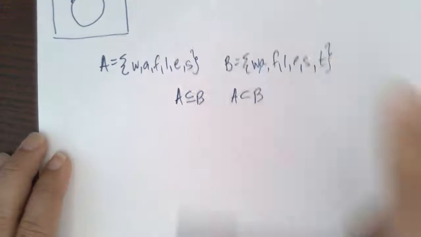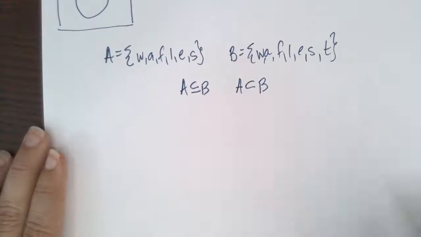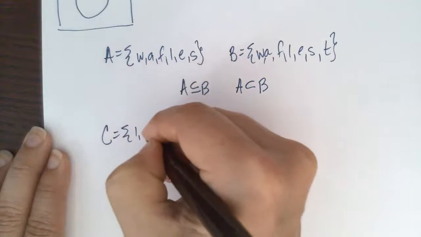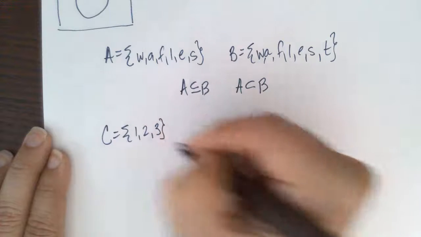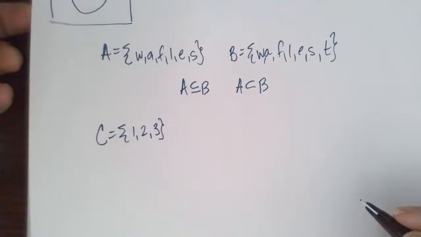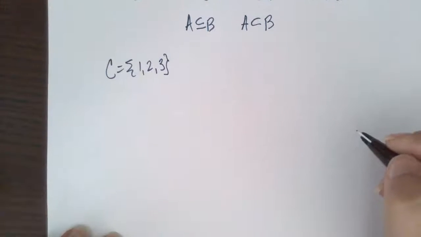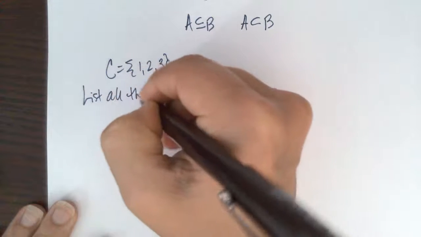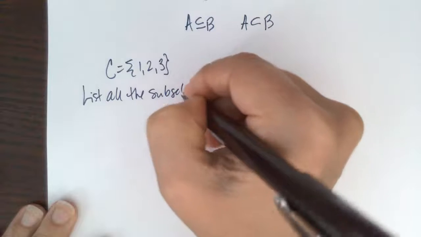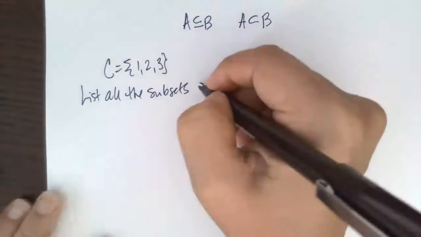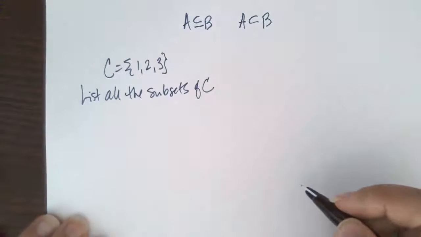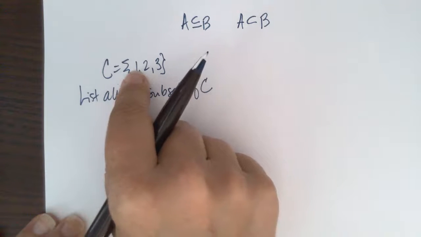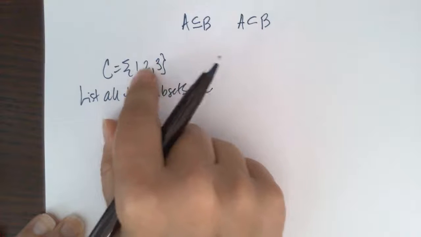Okay. Let's come up with another set here. So I've got C is equal to {1, 2, 3}. So it has 3 elements. And I would like to know, list all the subsets of C. So that means all of the sets that have something that is in C but is contained in C, right?